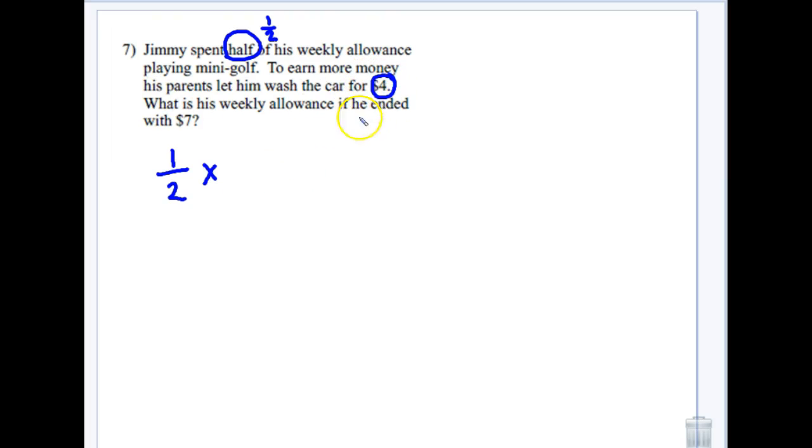How much did he earn? 4. So if it's more money, am I adding or subtracting? So plus 4, right? And what did he end with? 7. So I need to know what his weekly allowance is. So that's the one that I need to solve. Okay? Go ahead and solve it.